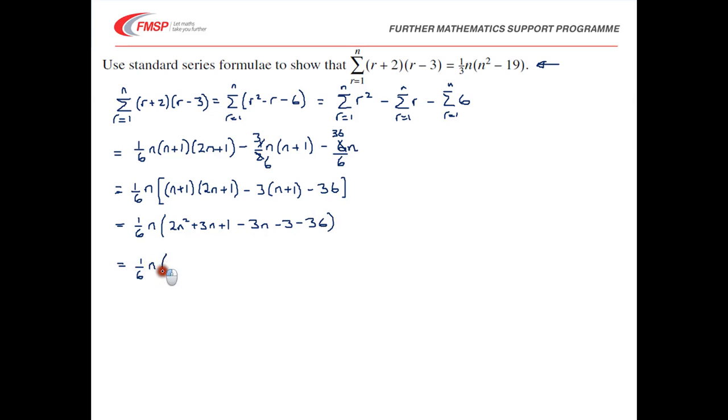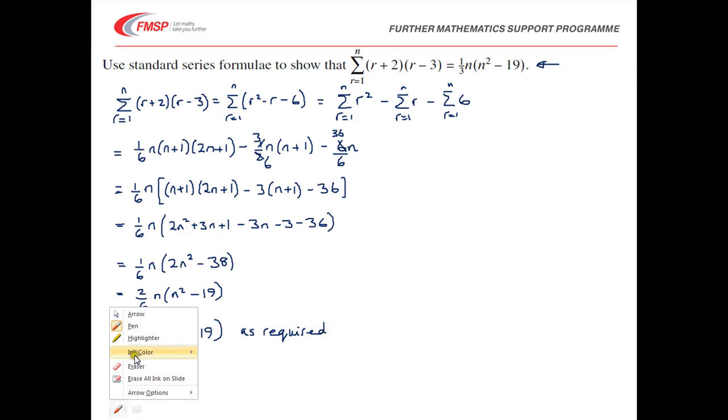That's 1/6 n into 2n squared. The 3n and minus 3n cancel, minus 38. Take out a factor of 2, and I've got my n squared minus 19, and then my fraction cancels to 1/3 n squared minus 19, as required.